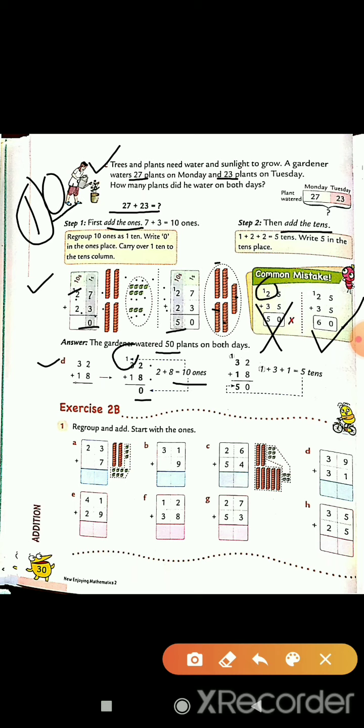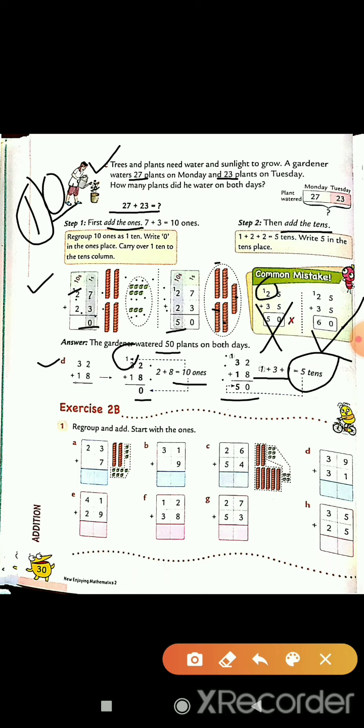So at the tens place, 3, 1 and the one which we have carried are there. So you need to add all of them together. 1 plus 3 plus 1 gives us 5. Remember, you have to add the one which you have carried to the tens column. So our answer is 50.